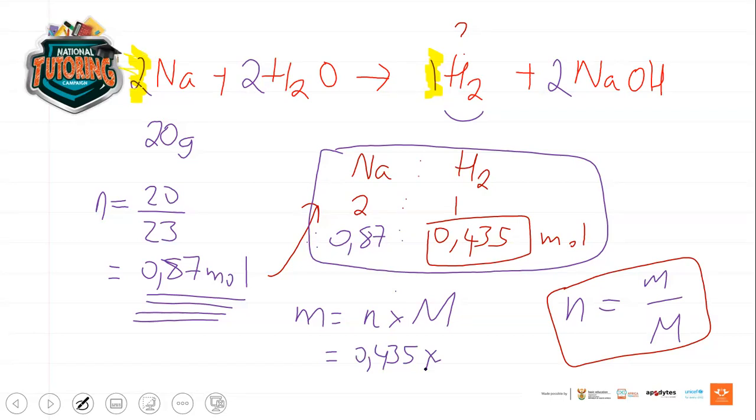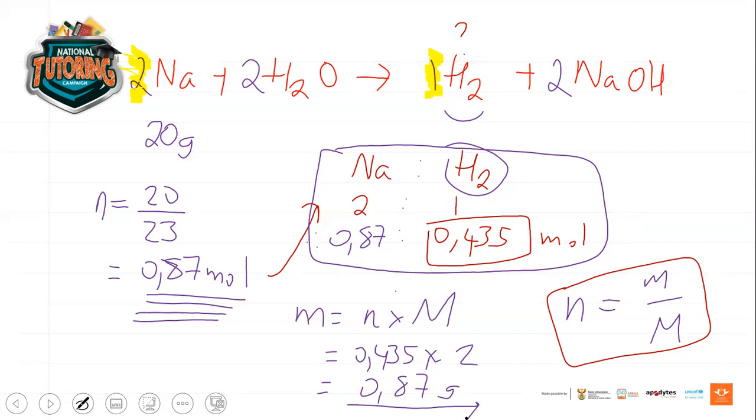That's just for H, but we've got H2, so it's going to be times 2. 0.435 times 2 gives us 0.87 grams. So that's how much hydrogen gas we're going to get.